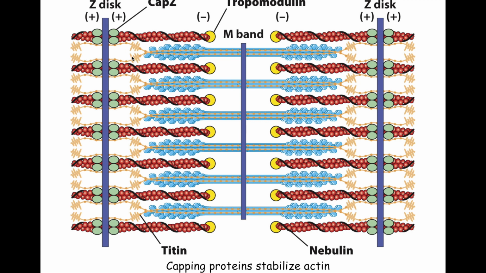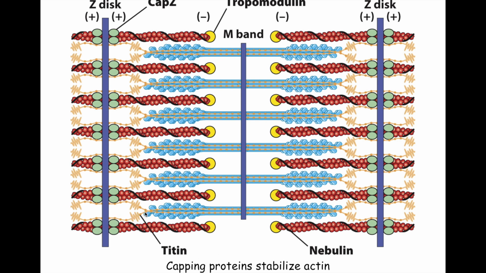So there's a whole bunch of other accessory proteins that stabilize muscle actin filaments. These include things like CapZ, titin, tropomodulin, and nebulin, which is this black one running around. These all function to stabilize this interaction of myosin on actin.